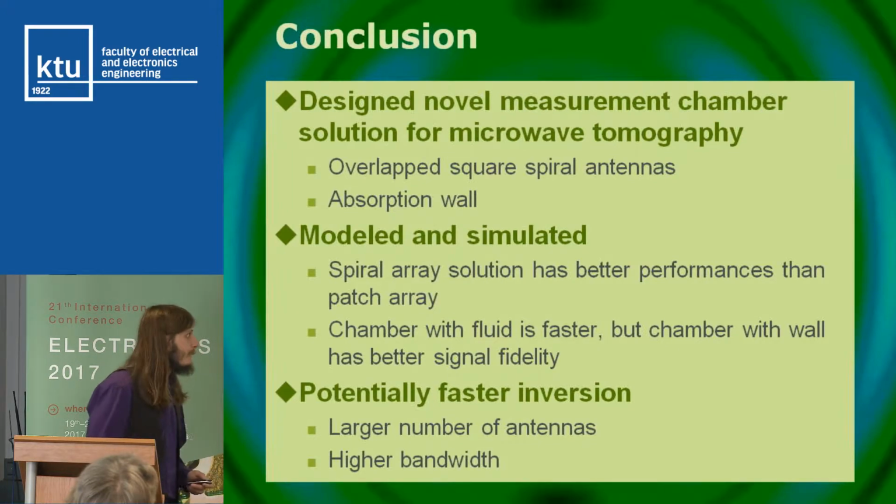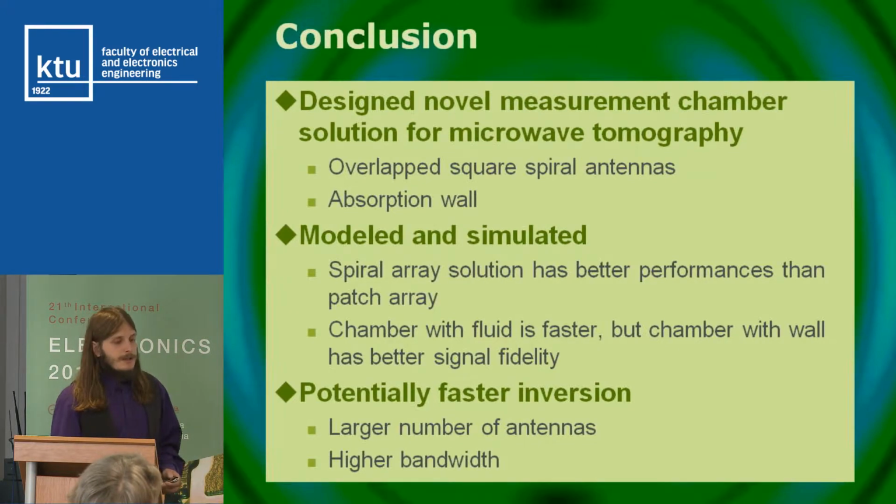To summarize the conclusion, we designed and simulated a measurement chamber and compared it with other solutions. What is novel is that we use square spiral antennas and an absorption wall.